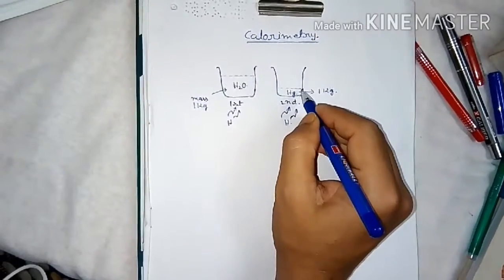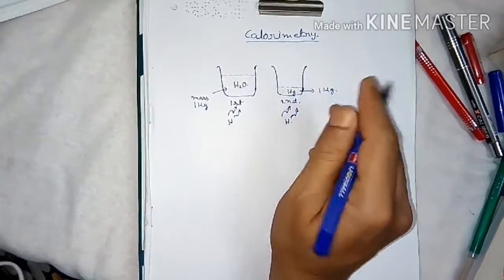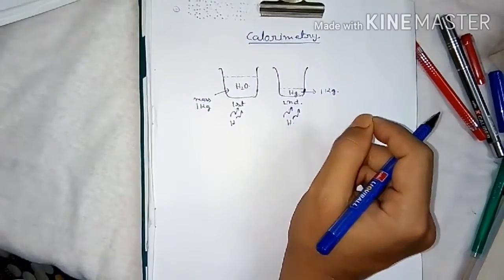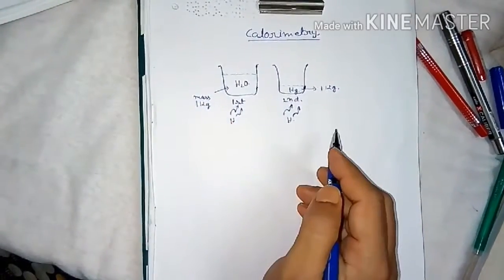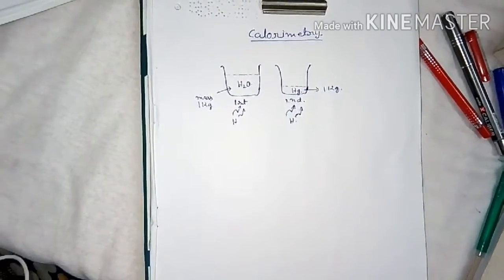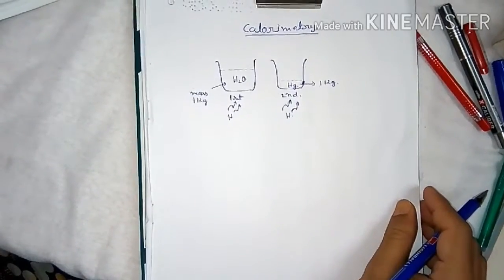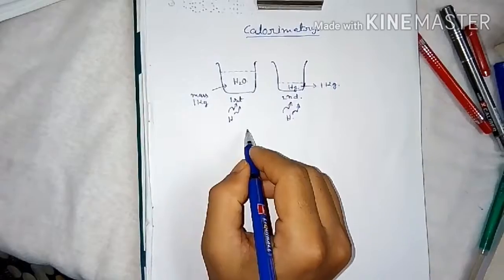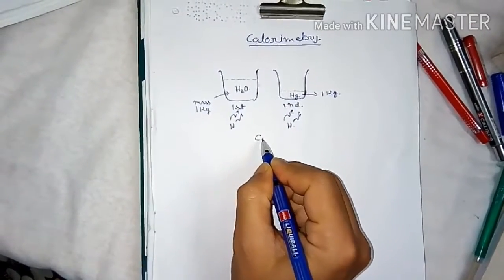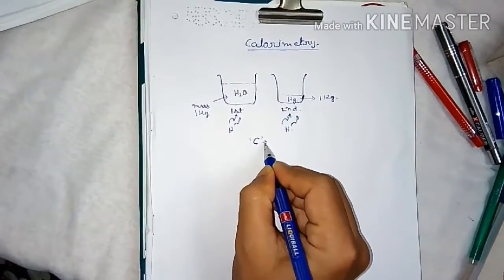The temperature of the mercury will rise more than that of water. This happens because of specific heat capacity. This is denoted by the letter C, specific heat capacity.